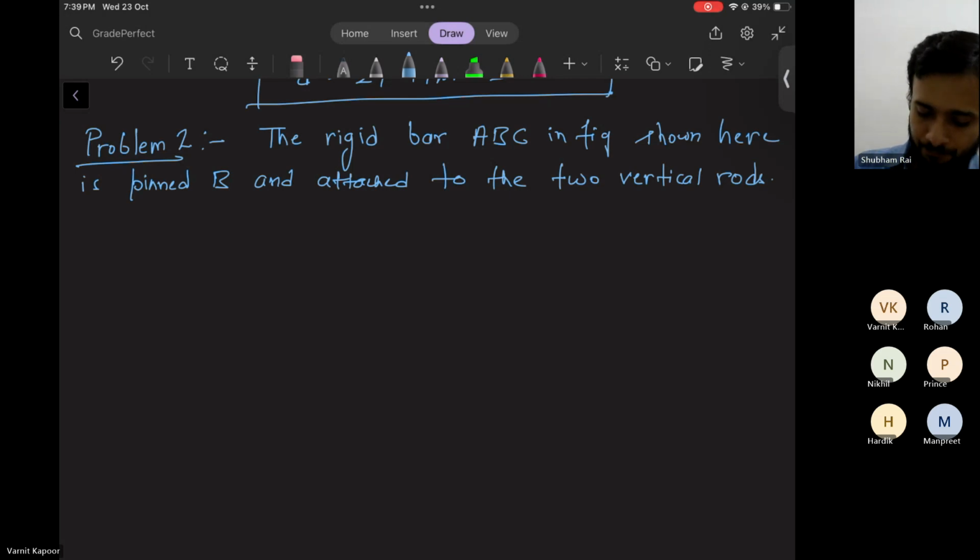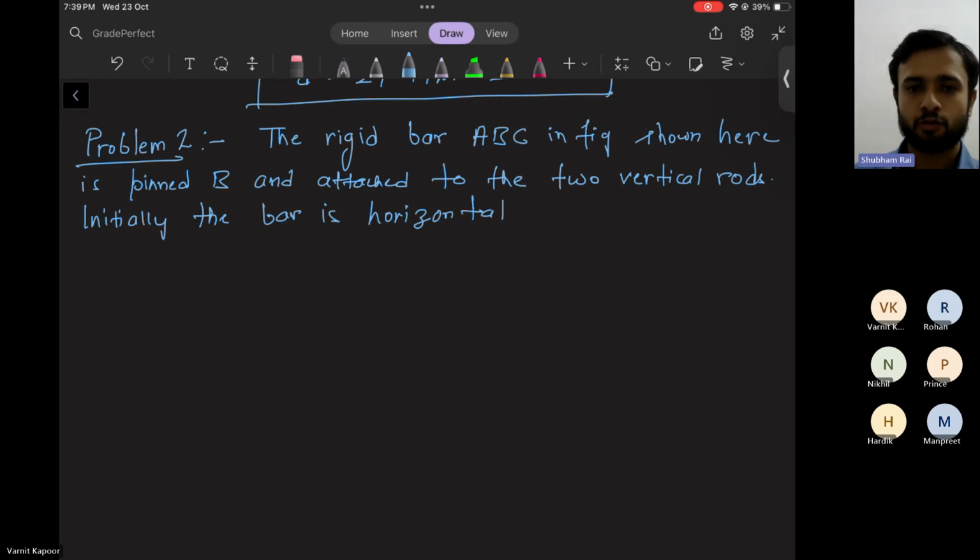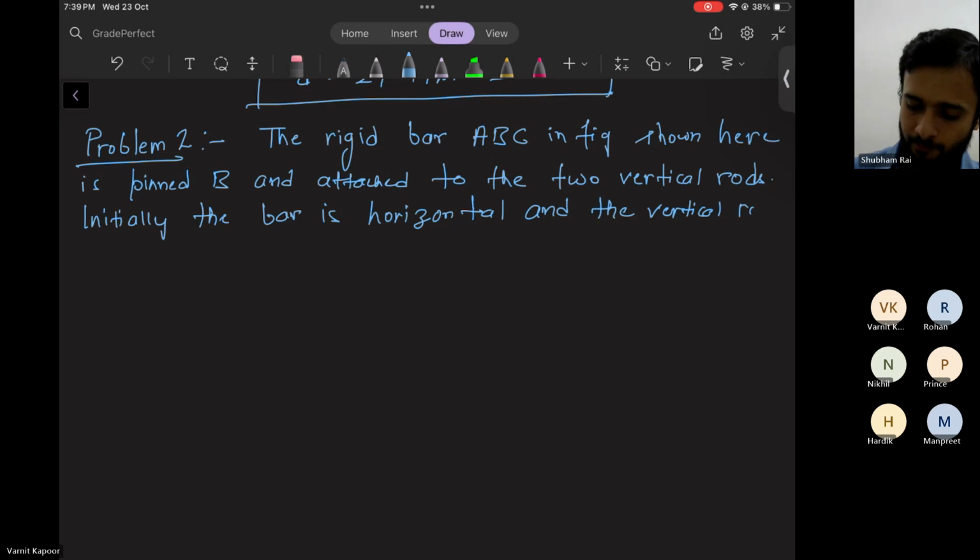Okay. Initially, the bar is horizontal. The bar is attached to the two vertical rods, but the bar itself is initially horizontal. And the vertical rods are stress-free initially.